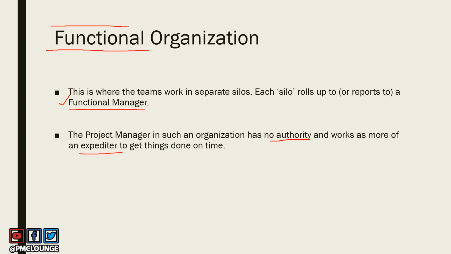This is something that the functional teams decided, the functional managers decided, and you were handed over the schedule for the project. Now you as a project manager or a project expediter, which is a correct word to define a project manager in such type of organizations, as a project expediter, your job is just to make sure that things are getting done on time.